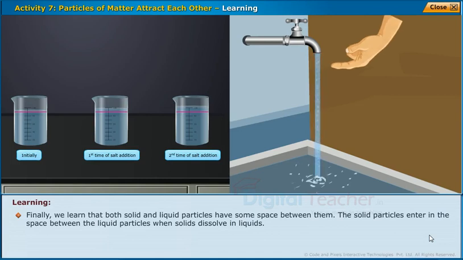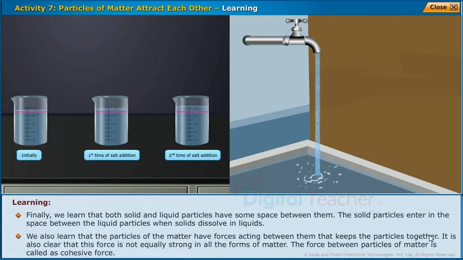The solid particles enter in the space between the liquid particles when solids dissolve in liquids. We also learn that the particles of the matter have forces acting between them that keeps the particles together. It is also clear that this force is not equally strong in all the forms of matter. The force between particles of matter is called as cohesive force.